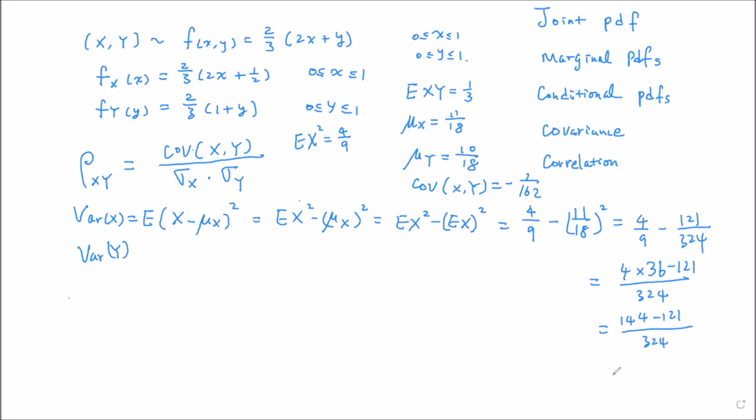Yeah, it's really tedious. Not liking it, but we get 23/324. So sigma of X squared, that's the variance, is 23/324.